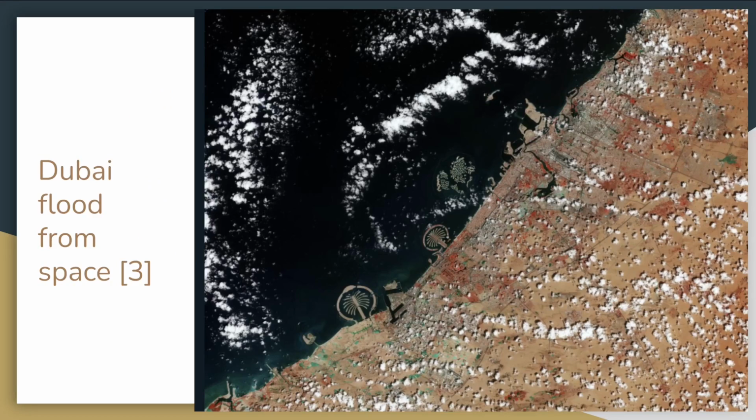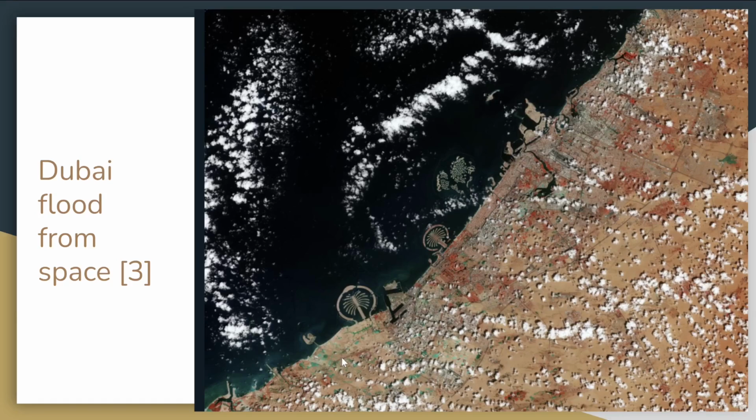And the Copernicus service tried to map the flooded region from space, using I think the Sentinel 2 dataset. You can see there are so many clouds here, but we can clearly see the flooded region, which is dense here, and maybe this one, right?